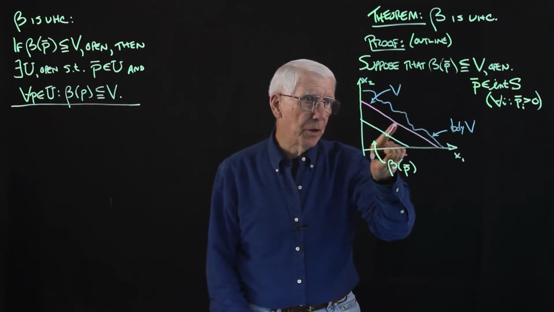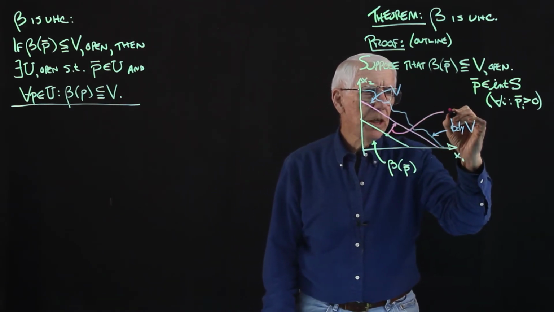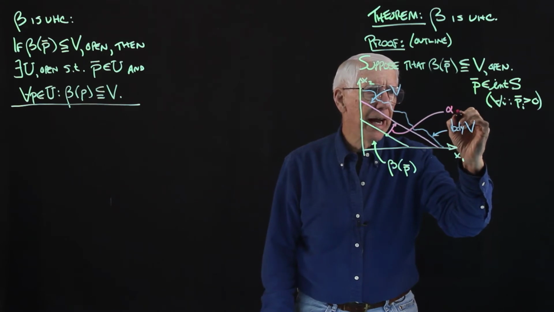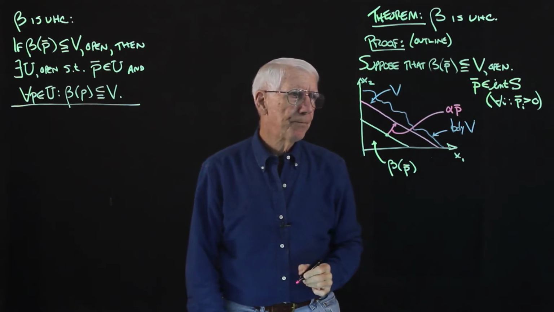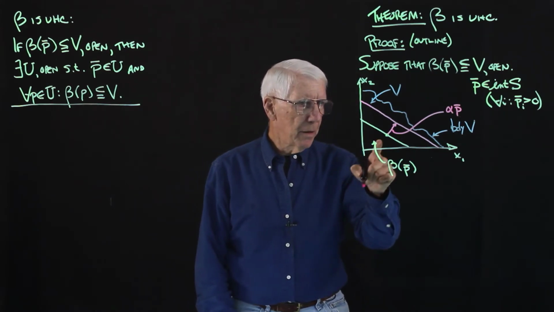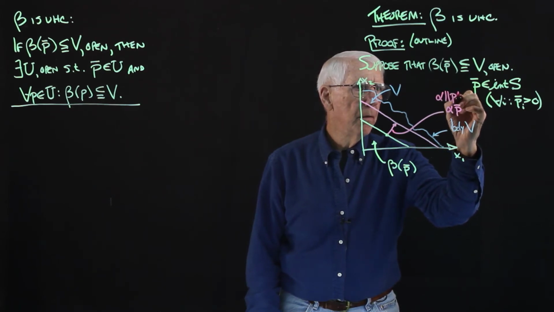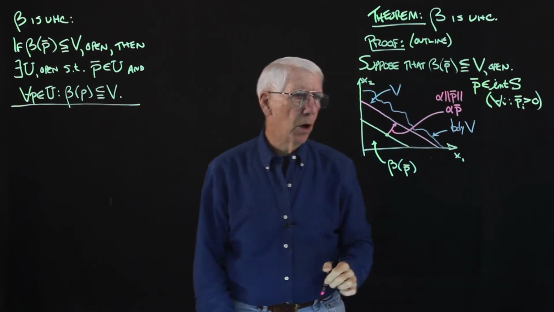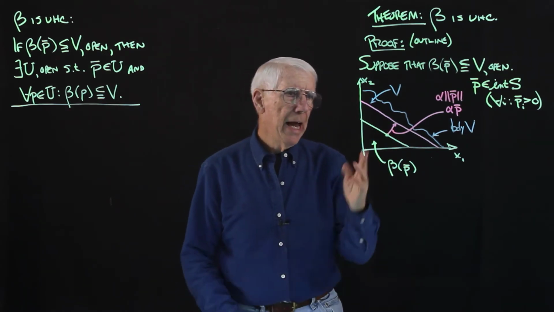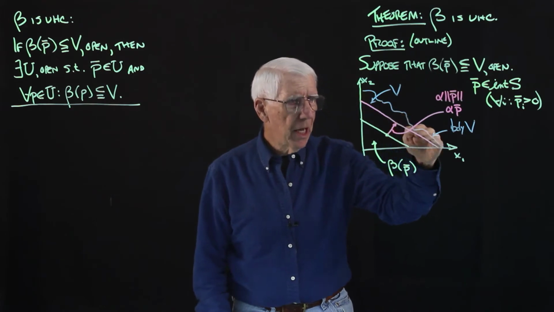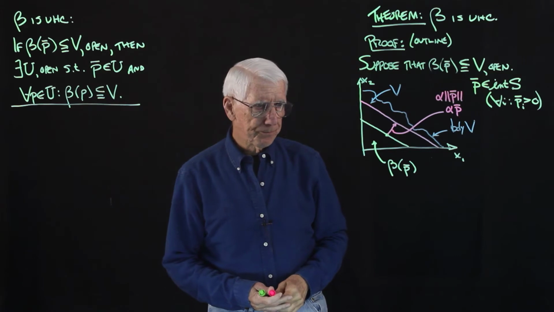Of course, it's not necessarily this one. It could be longer, it could be shorter. So this is really just alpha, some positive alpha, times P bar. And its length is going to be alpha times the norm of P bar. So that's the length of this little line segment here, this little arrow I've drawn. And I could do that anywhere along here because I've drawn this parallel to the budget constraint.